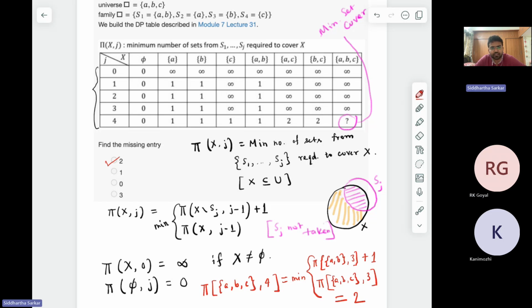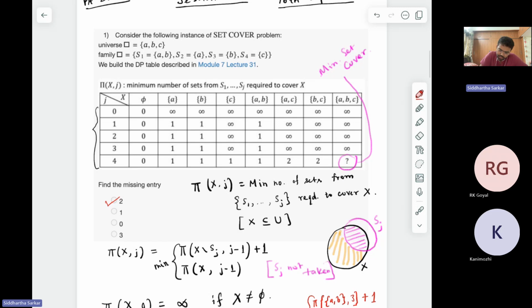So the recurrence is such that the running time is exponentially dependent on the number of elements in the universe. So if there are n elements in the universe, then you have 2 to the power n columns because there are 2 to the power n possible subsets, and the number of rows is the number of families. So let us say there are m families. So I'll write it down.